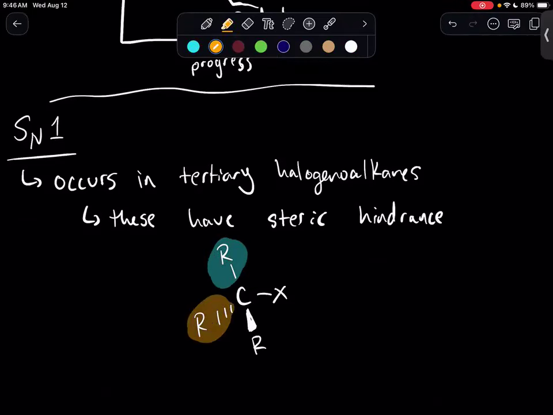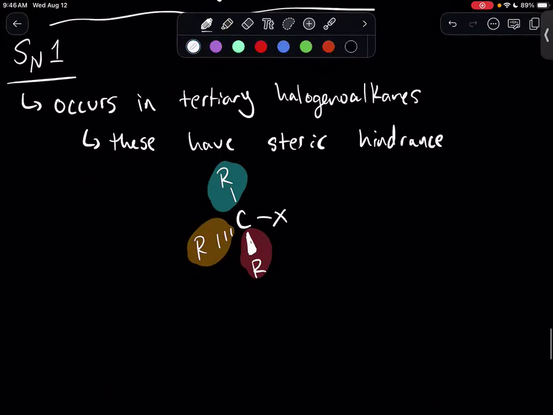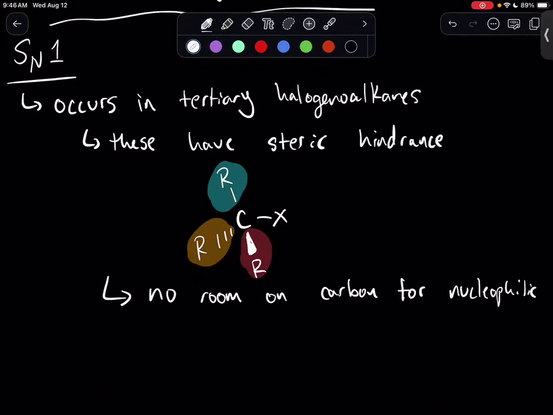And because these are large and take up a lot of space, really, what we're saying is that there is no room on carbon for nucleophile or nucleophilic attack. It will probably be repelled or blocked by those R groups.